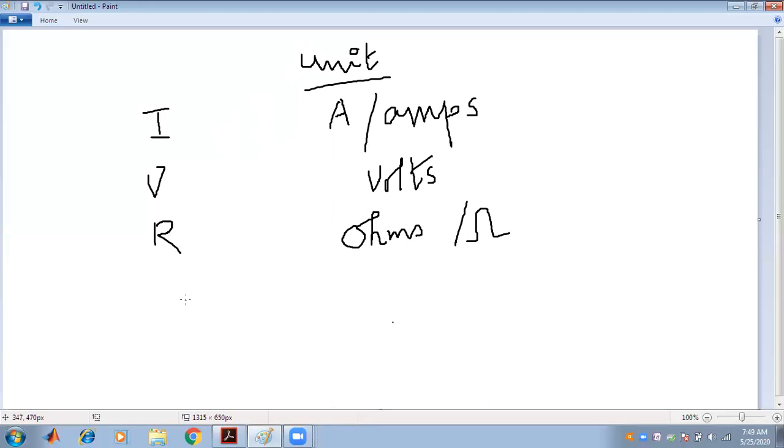So for the capacitor, the symbol is C, and according to the name of Michael Faraday, the unit is farads.